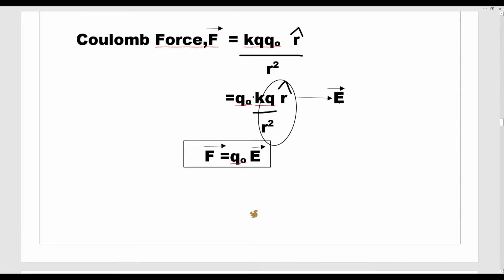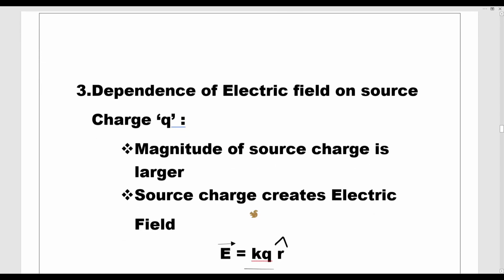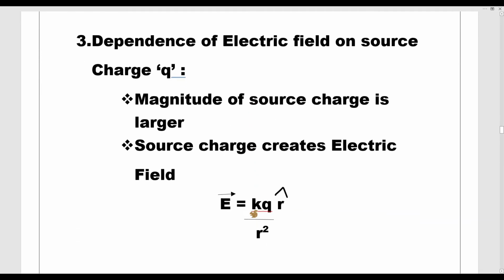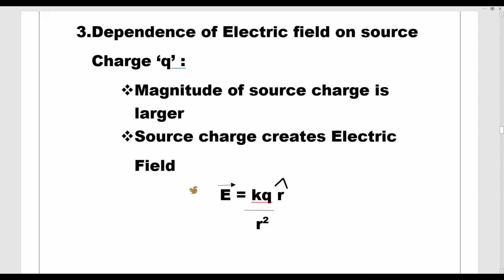Now we move on to the third aspect, dependence of electric field on source charge Q. Guys, you all know the source charge creates the electric field, and the larger the magnitude of source charge, the stronger the field. So the strength of electric field depends on source charge Q and not on test charge Q naught.